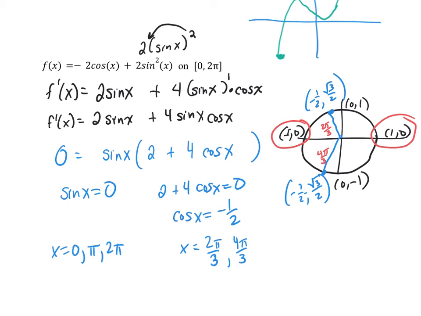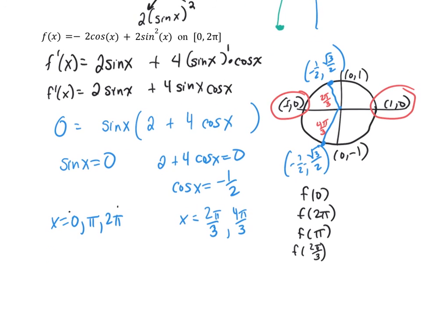So now I have to figure out all of these functional values, all 5. You'll notice the 2 endpoints of the interval are 0 and 2 pi. Those are already included. So I'm really going to find f of 0, f of 2 pi, f of pi, f of 2 pi over 3, and f of 4 pi over 3.